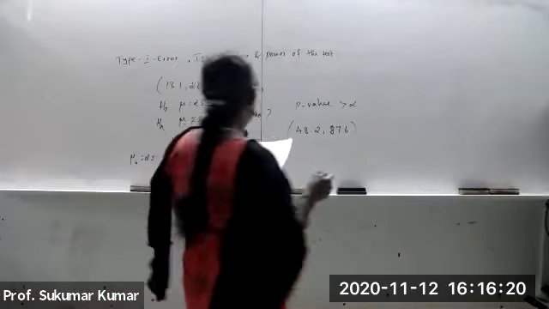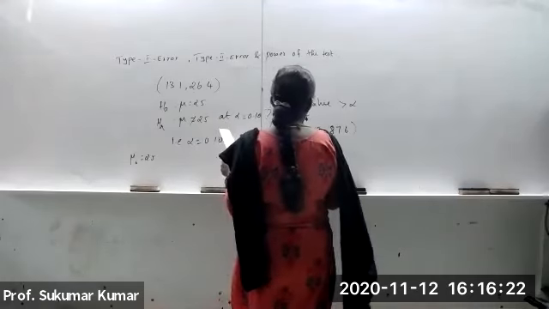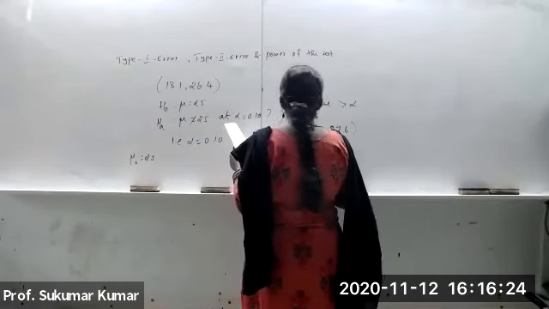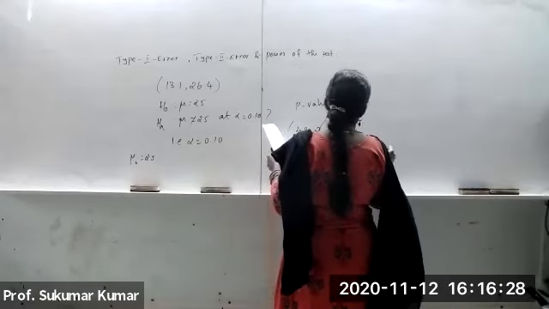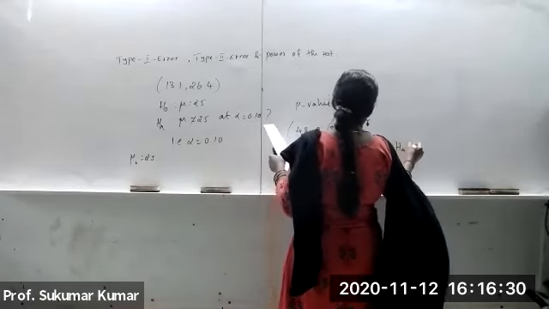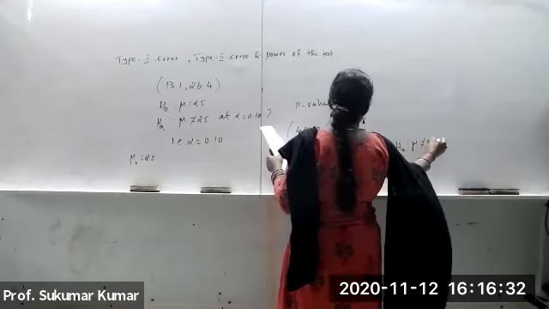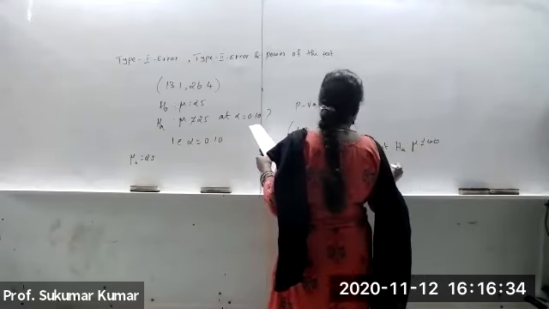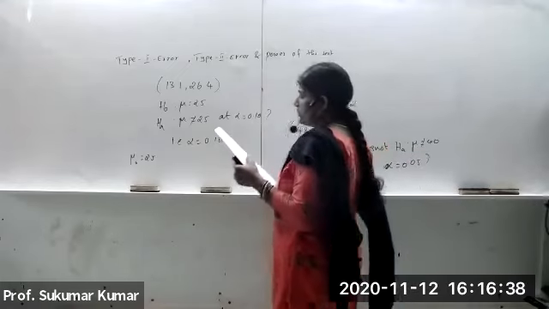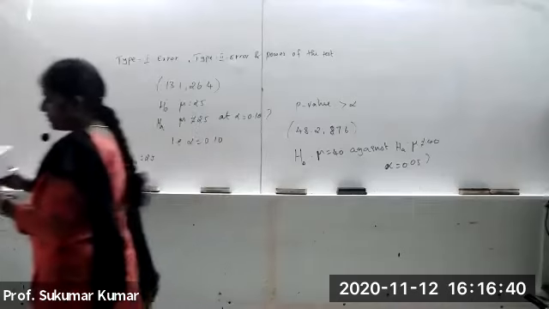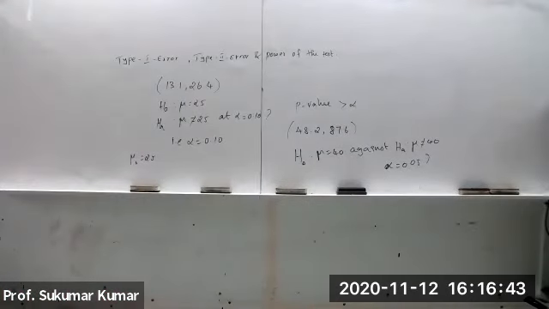What would be the results of a test of H naught: mu equal to 40 against HA: mu not equal to 40 at alpha equal to 0.05?